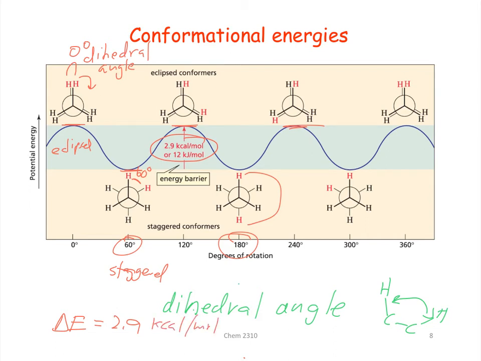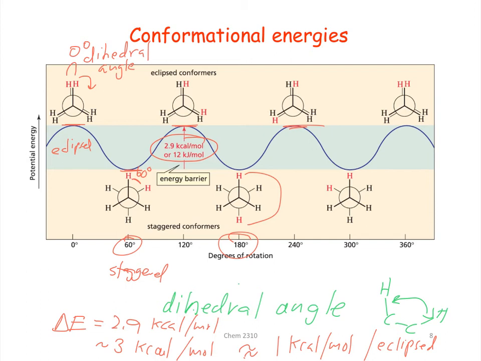And what we're just going to say is this is about 3 kilocalories per mole, which means that it's essentially about 1 kilocalorie per mole per eclipsed pair of bonds. Okay? If we just divide it by 3, we got 3 of them.